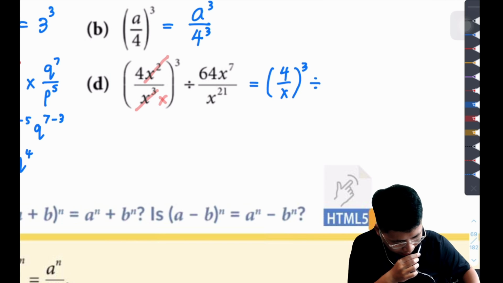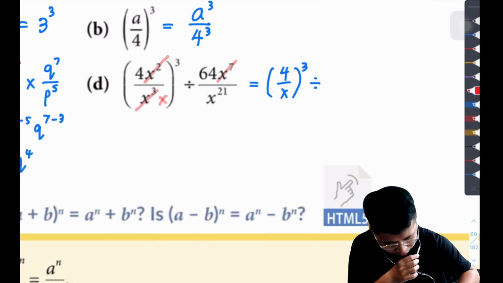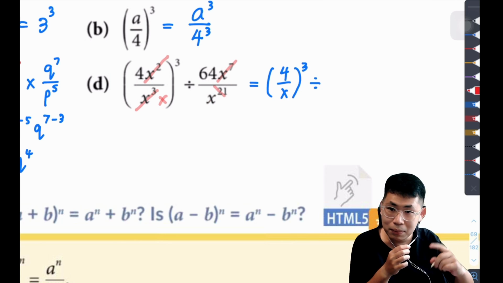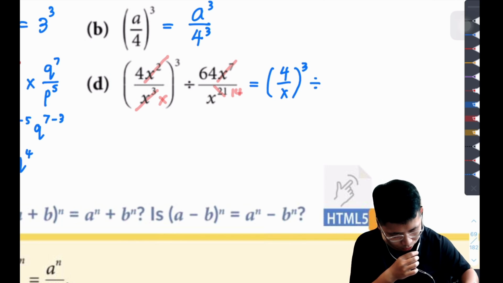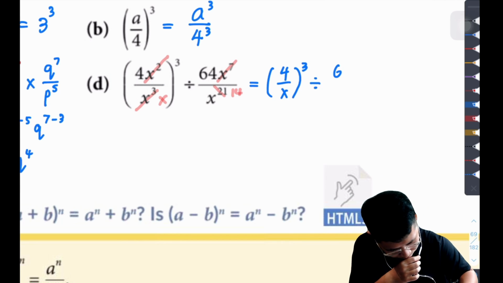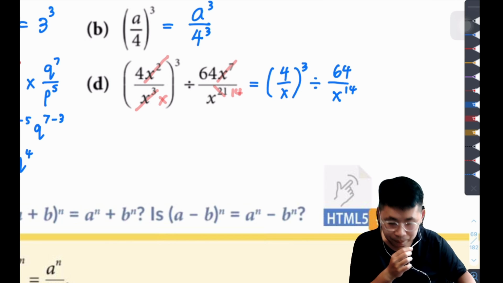Then divided by, x to the power of 21 minus 7, which will be 14. Okay, I can do this. So I will be dividing by 64 x to the power of 14.